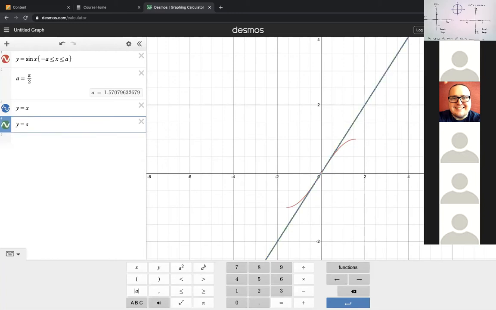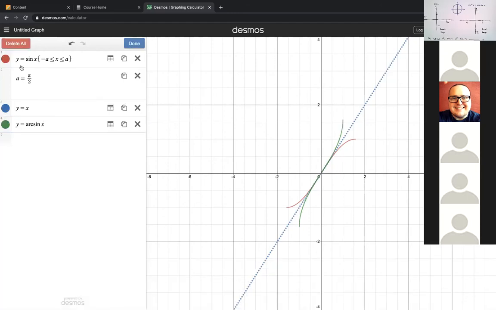So let's go ahead and graph that. Arc sine of x. And we can see it here, and maybe I will change this one also to something. There we go. Make the curve a little bit more obvious. Maybe make it darker.